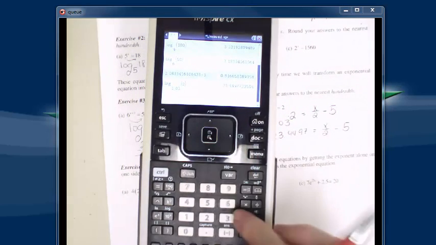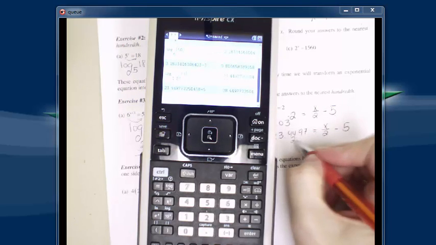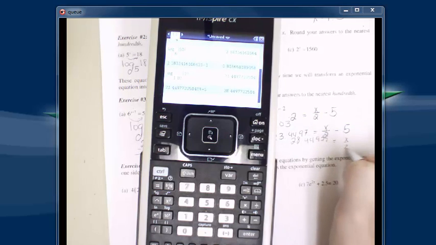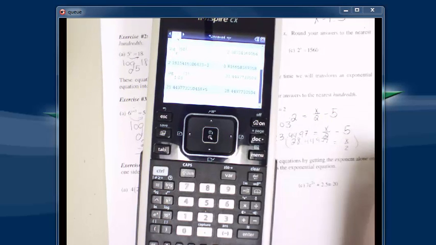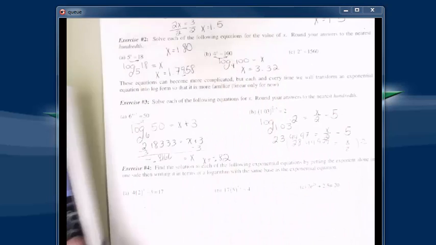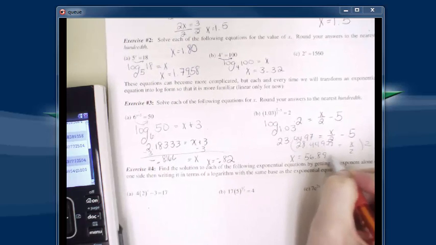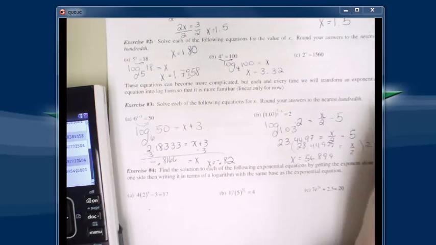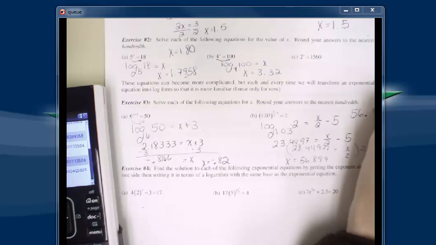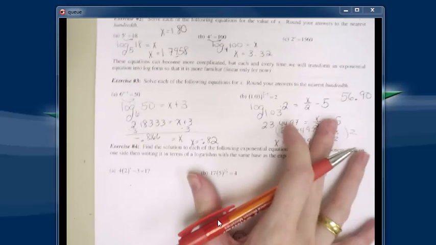I'm going to add 5 to it, so just add to the answer. So that's 28.44977. And to get rid of the divide by 2, I will multiply everything by 2. And I'm done. 56.899. So 56.90.